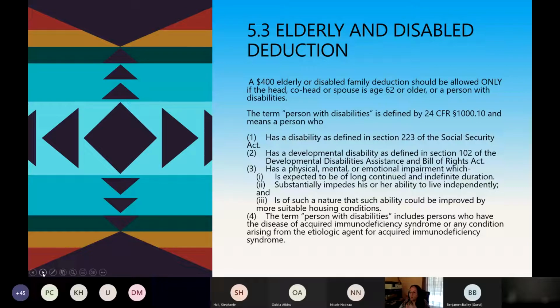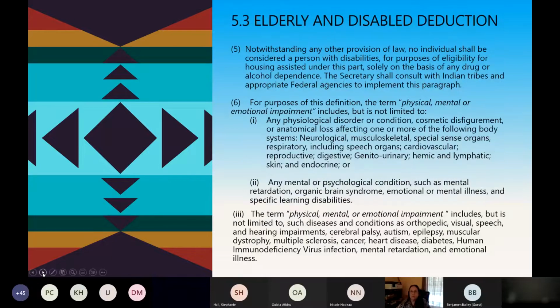The head, the co-head, or the spouse, okay? Not the son. So there's very definite rules there. Notwithstanding any provisional law, no individual should be considered a person with disabilities for purposes of eligibility for housing assistance under this part solely on the basis of any drug or alcohol dependence, okay?